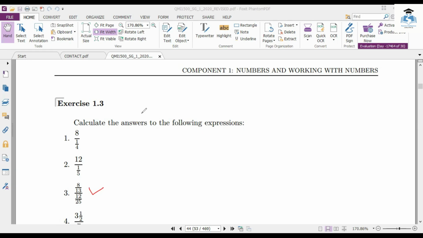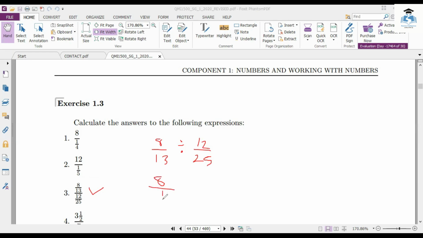Yes, Manja. It's 8 over 13. Then we could divide by 12 over 25. Then we must change the sign.